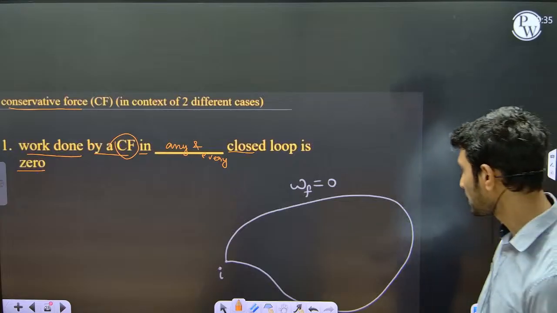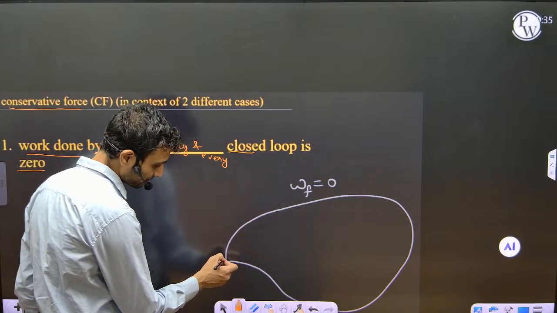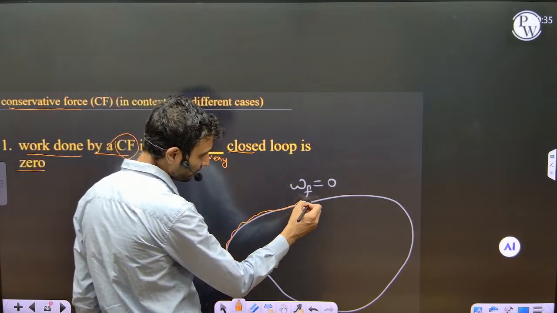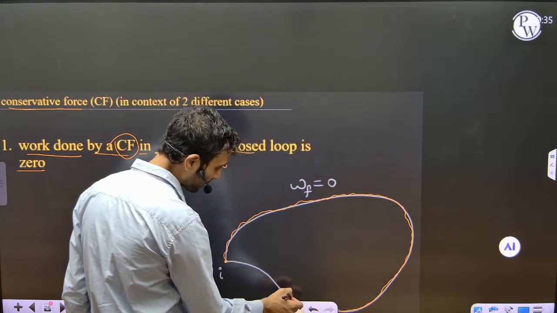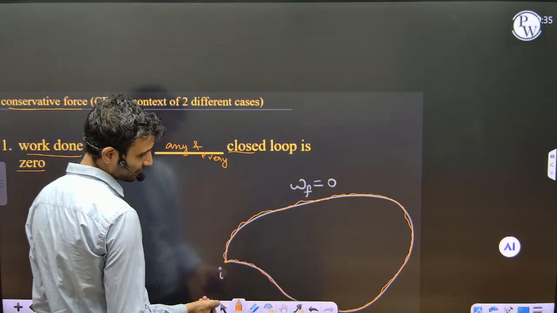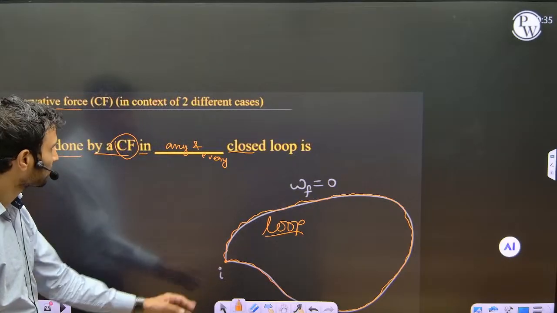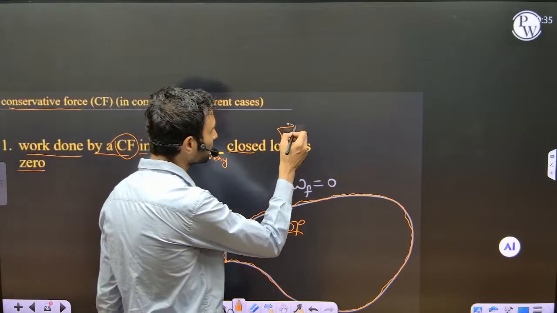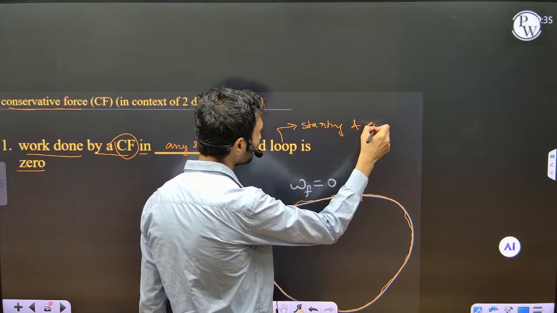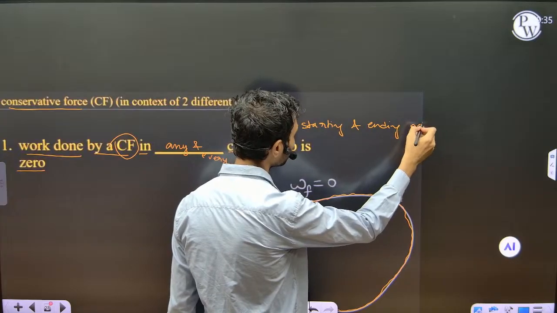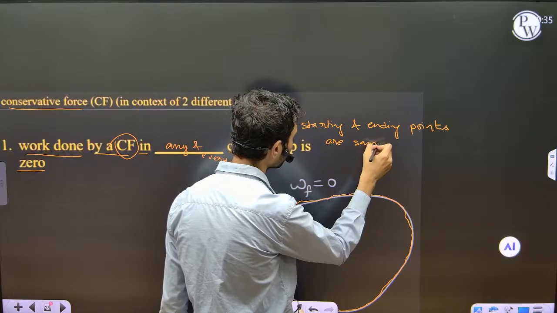What does that mean? That means that if I start from this point, if I go all the way round and round, why am I saying round? Because I'm coming back to the initial point. So I'm forming something called a loop. Loop means starting and ending points are same.